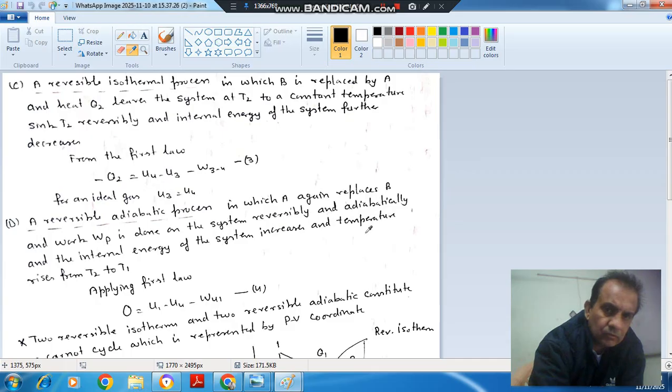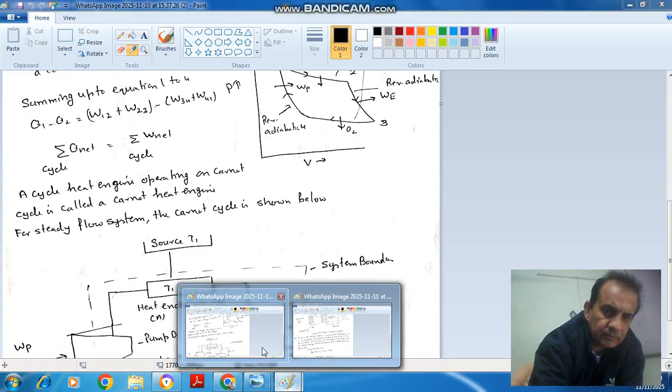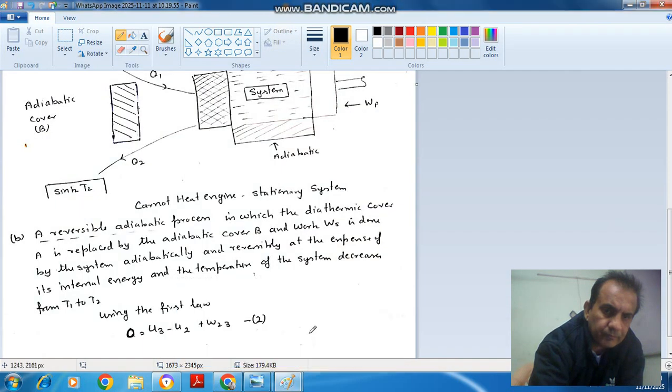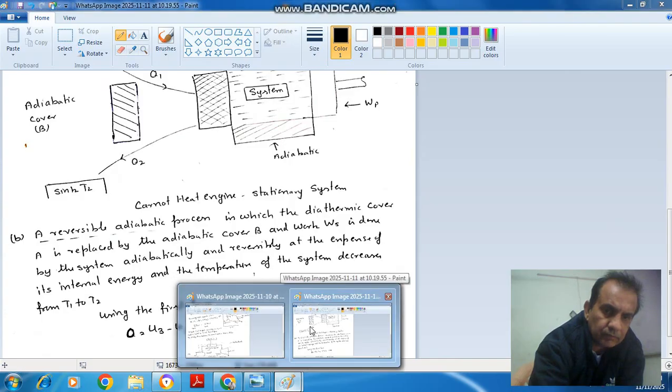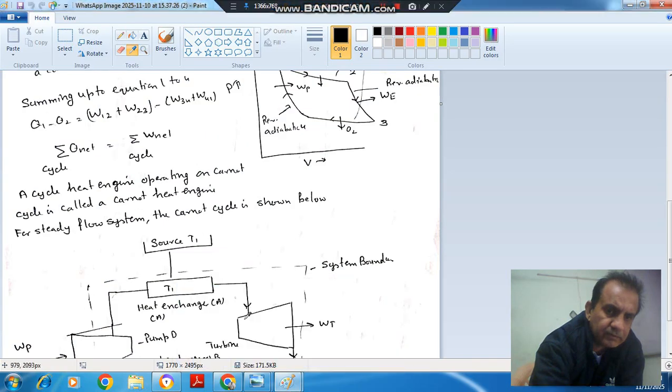Next, again there is an adiabatic process, which is carried out by replacing the diathermic cover with the adiabatic cover, and in this some compression will take place.